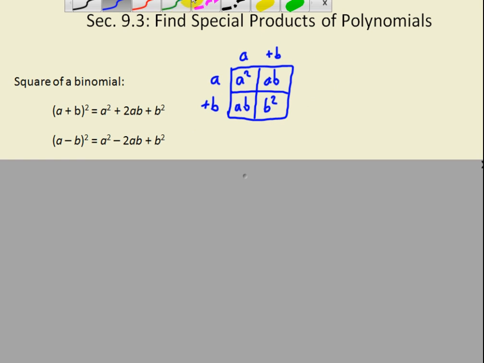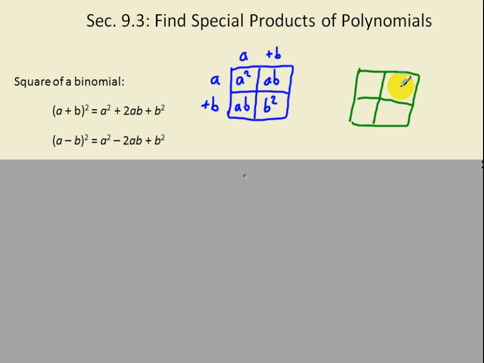Or if we have a minus b, it's going to be very similar, just that we have a negative sign. So we have a minus b, a minus b. We still get a squared here, and now the difference is we're going to get a negative ab here.